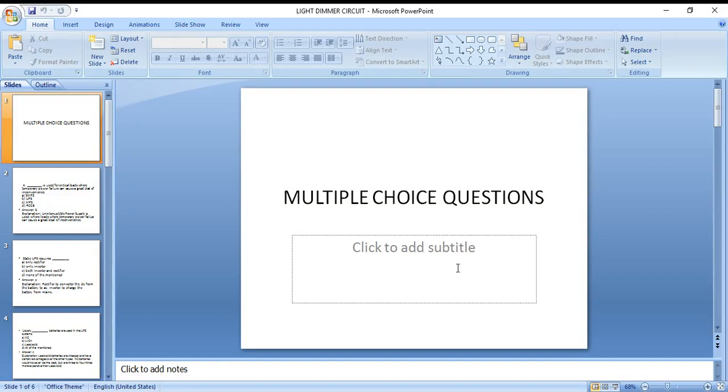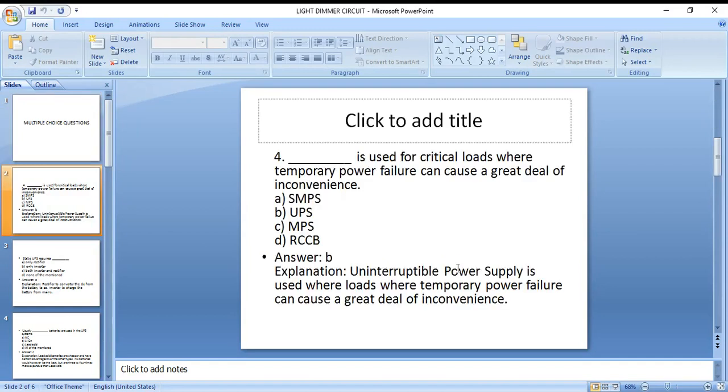Now we will solve a few multiple choice questions on applications of electronic devices. Dash is used for critical loads where temporary power failure can cause a great deal of inconvenience.